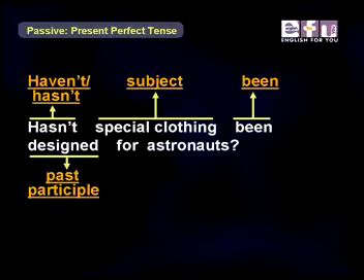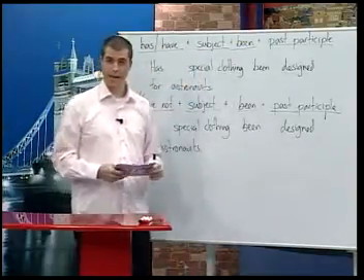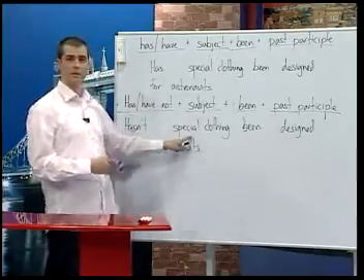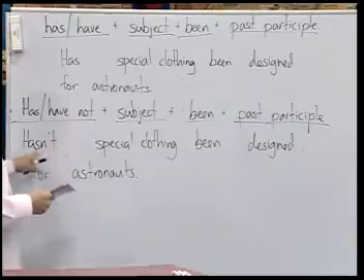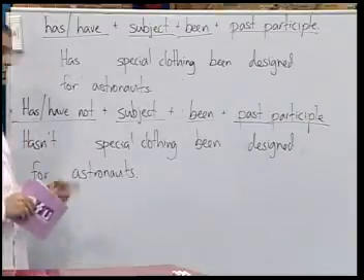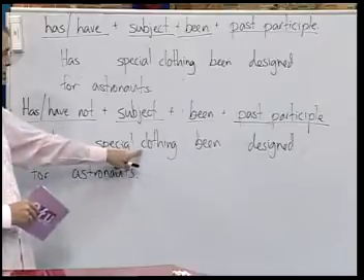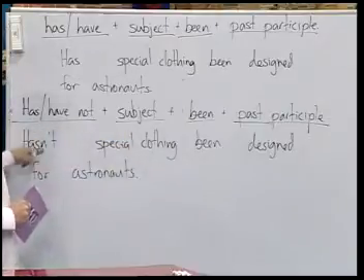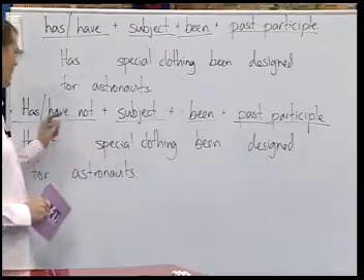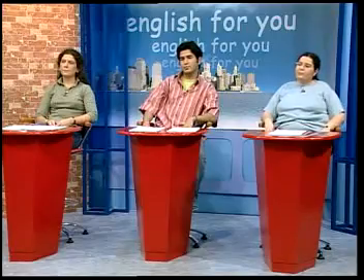Okay, hasn't special clothing been designed for astronauts? Now again, as usual, the passive voice subject tells us if we use the singular or the plural negative. Has for the singular, special clothing is one uncountable noun, so hasn't, or if it was plural, have not. Okay, let's practice.